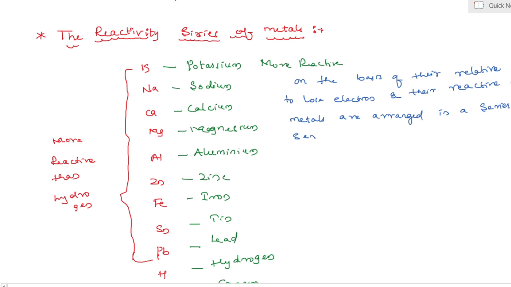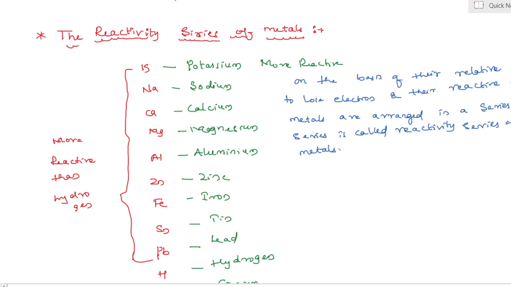This series is called reactivity series of metals.